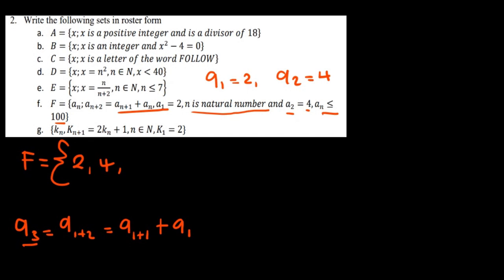So what is A1 plus 1? This is the same as A2, and then plus A1. So we're going to add now. Our A2 is 4 plus our A1, which is 2. So it means our A3 will just be 6. So I'm going to write 6 there. That is our A3.